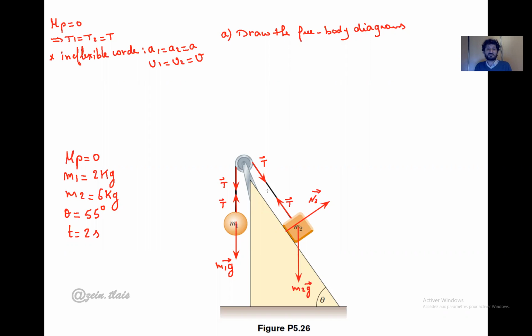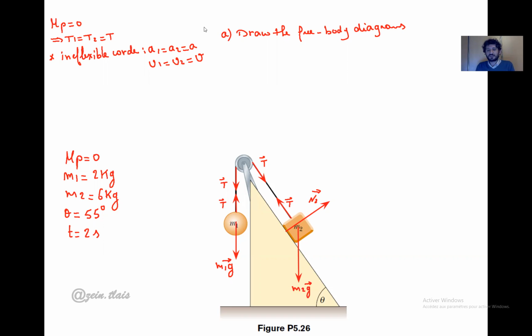Maybe the system will move clockwise or anti-clockwise. I don't know. I consider that the system will move clockwise, and I calculate A. If A is positive, it's okay. If it's negative, we keep the same value of A, but the direction will be opposite.